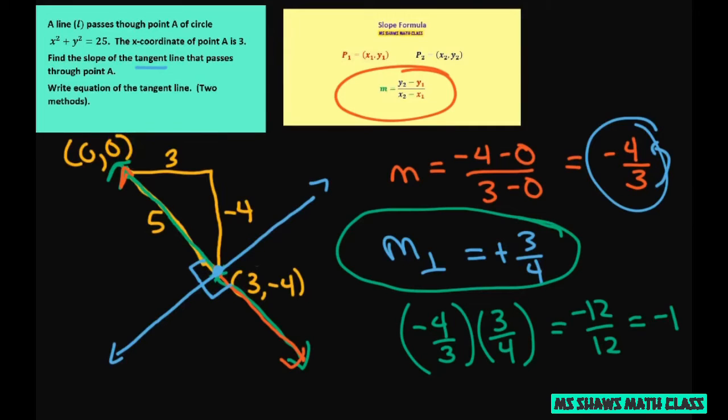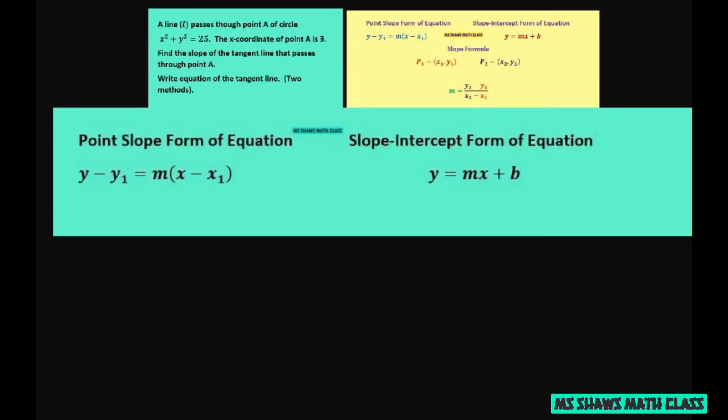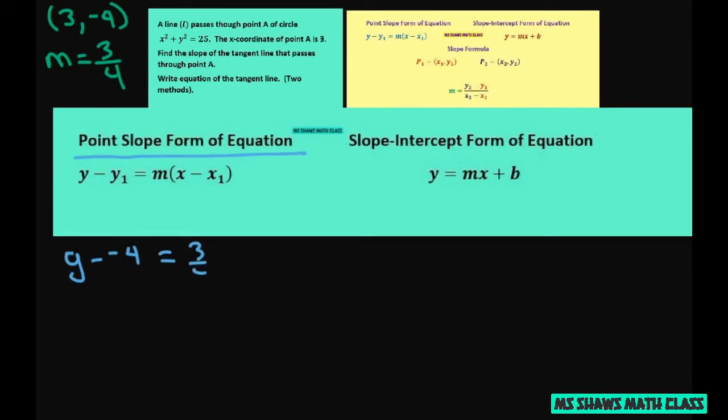So there's that. Now we just need to write our equation. I'm going to do both methods. Our x, y is 3, -4, and our slope was, what was it? +3/4. All right, so let's first use the point slope form. So you're going to do y minus -4 equals 3/4 times x minus 3.